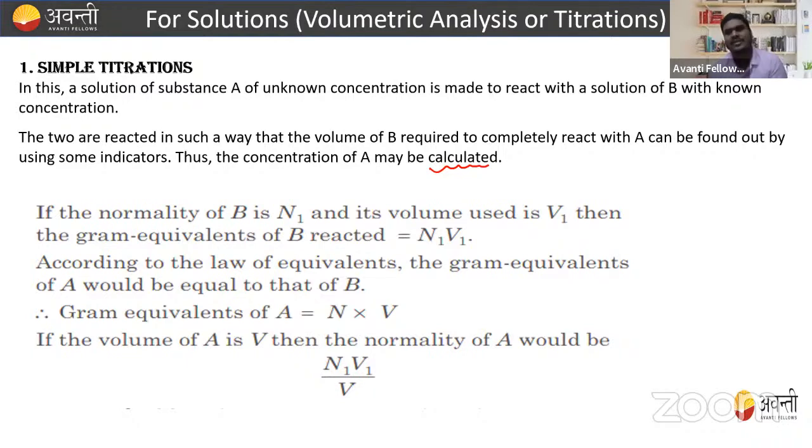In these kinds of titration, we find the concentration of an unknown solution, using for example Mohr salt or oxalic acid. These are called simple titrations, in which we can titrate to find the unknown concentration of a solution A with respect to the known concentration of solution B. I hope this is clear to you.